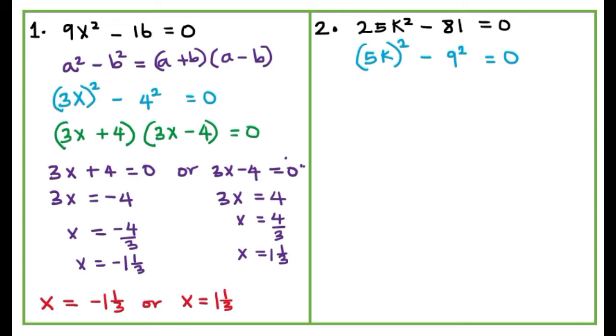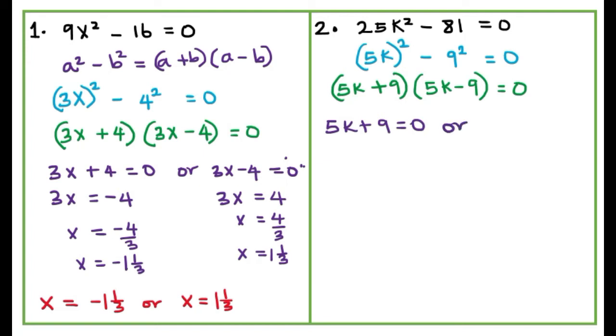Let us factor them by having 5k plus 9 into 5k minus 9. We come up with 0. So that we get 5k plus 9 equals 0, or 5k minus 9 equals 0.